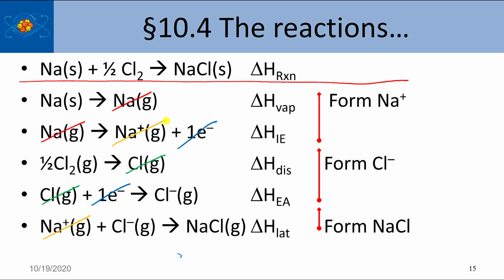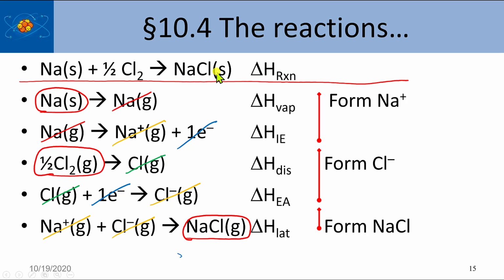And the chloride gets to cancel with this guy here. So what am I left with, right? I'm left with sodium plus 1/2 Cl2 makes sodium chloride gas. And what is that reaction? That's actually this reaction up here.